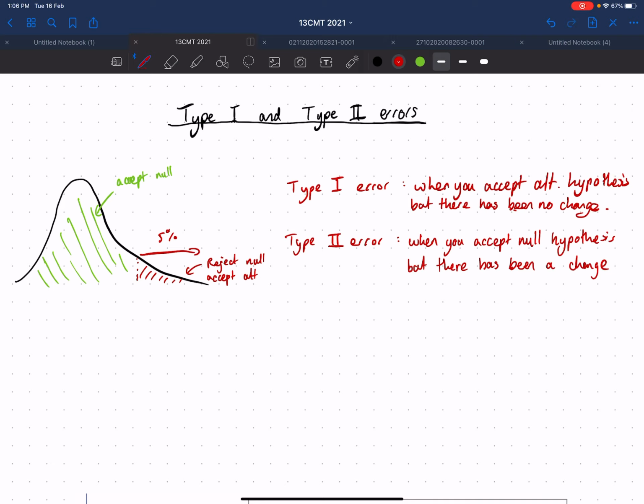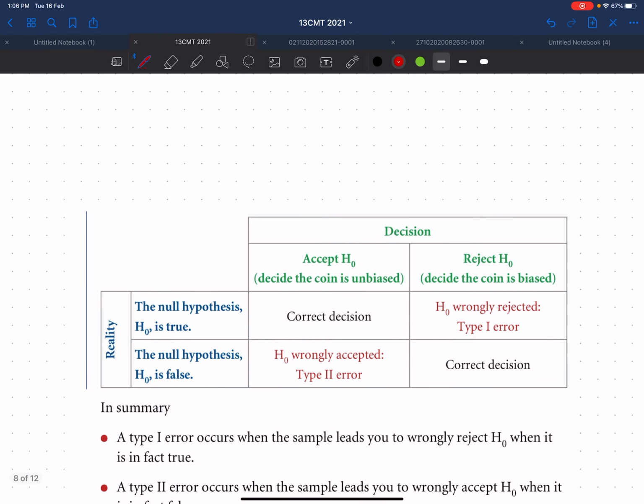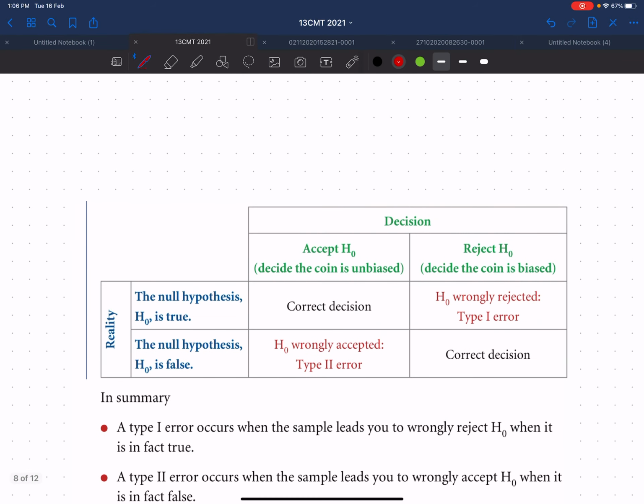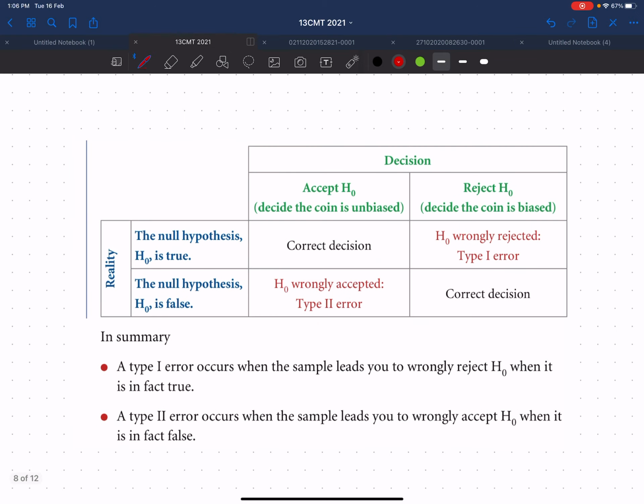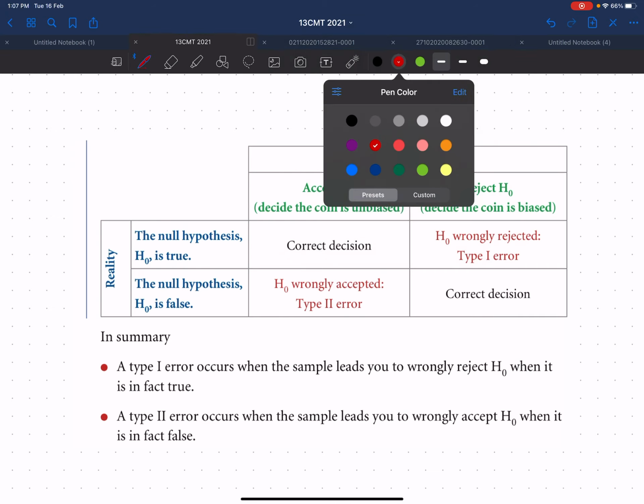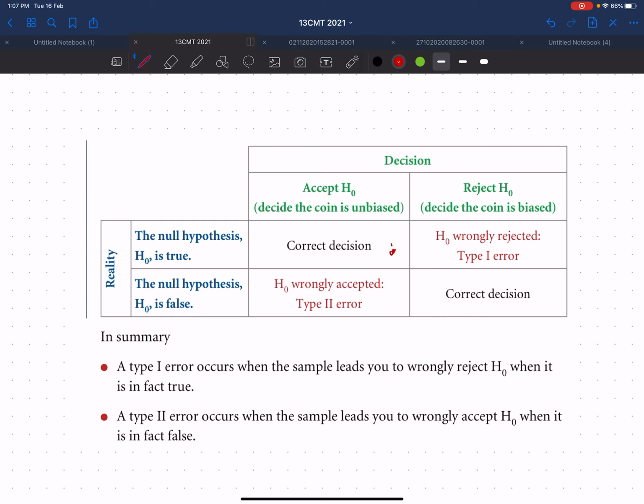And it's explained quite nicely in the table that you have on page 198, which goes through the 4 outcomes of doing a hypothesis test. Okay, either the null hypothesis is true, and you get the correct decision to accept your null hypothesis because the statistics have pointed you in that direction.